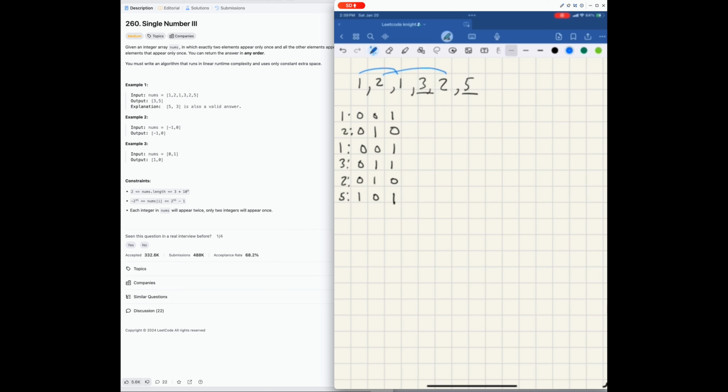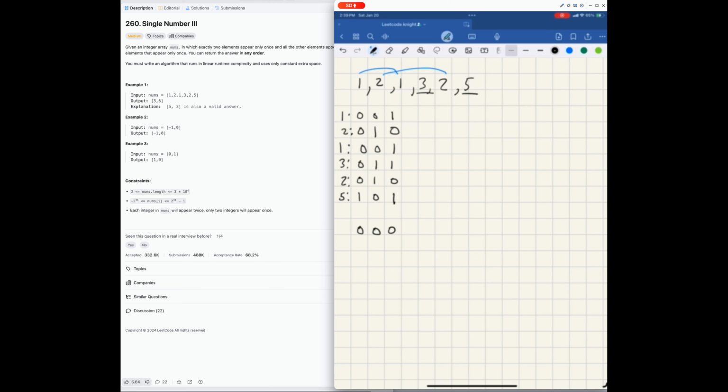So these are duplicated numbers. Okay, so what are we going to get when we XOR all these numbers and we end up with only 3 and 5, right? So we get 6. Why do we get 6? Okay, well, let's do this really quick. We start out with 0.